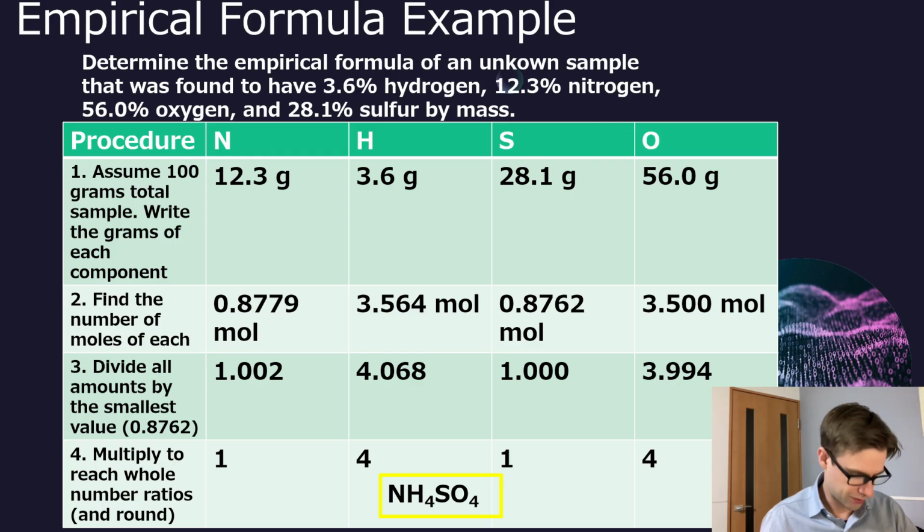Anyway, there are 4 steps with this type of question that I'll recommend. First, now this is strange, and this really confused me when I was a high school student, and it might confuse you: I'm going to ask you to assume a sample of this compound which has 100 grams, okay? Now, you might say, how or why would we do that?